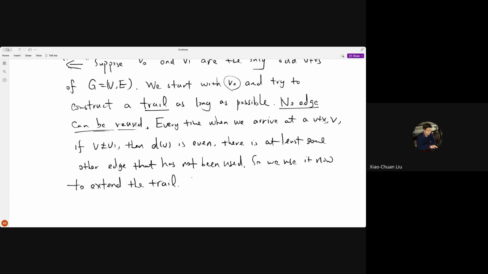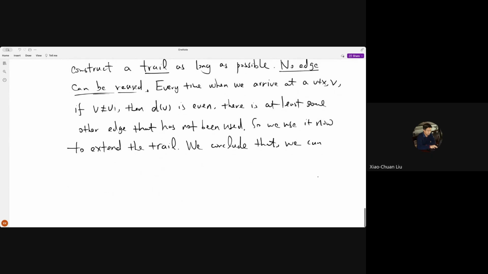And now we conclude that we can find a trial from V0 to V1. Because every time, if V is not V1, we can continue. But we have to stop at some point. So the only way to stop this process is to arrive at V1. Okay, this is kind of the first step.